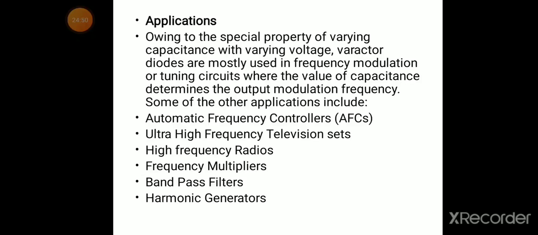Some of the other applications are automatic frequency controllers, ultra high frequency television sets, high frequency radios, frequency multipliers, band pass filters, harmonic generators. So these are the applications of varactor diode.